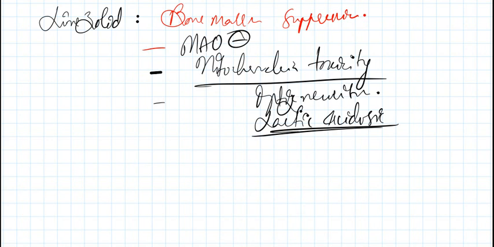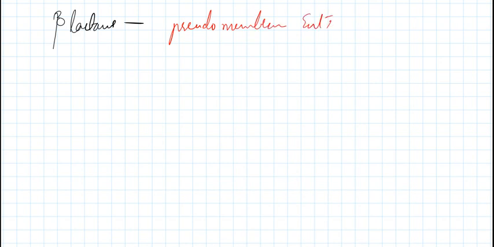Okay, now let's discuss beta lactams. Beta lactams cause one serious illness called pseudomembranous enterocolitis. Now which drugs mostly cause it?